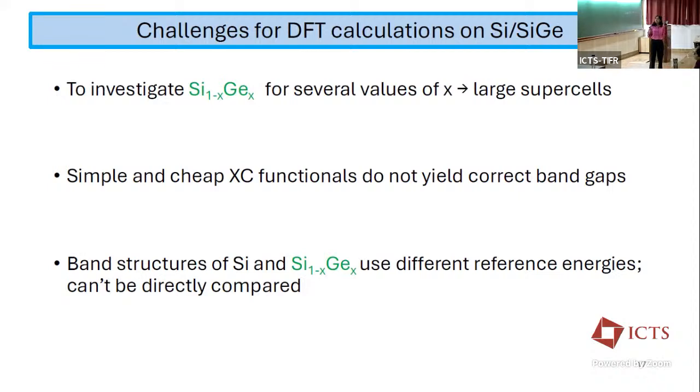And simple and cheap exchange correlation functionals do not yield correct band gaps. In this case, band alignment is a very important property, so we need to get the band gaps correctly. And the band structures of silicon and silicon germanium use different reference energy levels. This is one of the main issues: it's not very straightforward to calculate the band alignment.